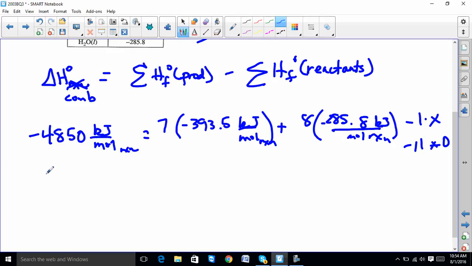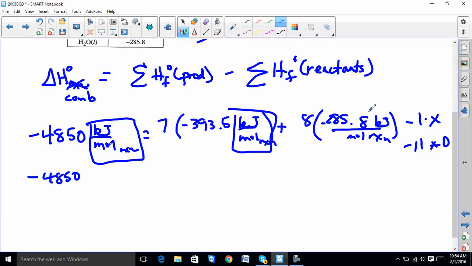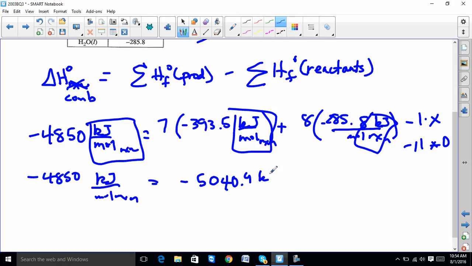Okay, so then what happens is when you do this, you get negative 4,850. And notice, you can't add or subtract numbers unless all of the units are the same, and they are. And so negative 4,850 kilojoules per mole RXN minus 5040.9 kilojoules per mole RXN.